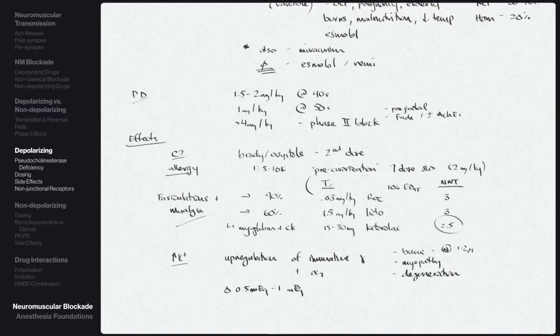And this leads to an upregulation of these types of receptors, immature and alpha-7, to ensure that they get some amount of activity to potentially sense those very small amounts of neurologic transmission because they have this degeneration. And so this happens for a lot of these patients with myopathy and degeneration, and also happens even with immobilization.